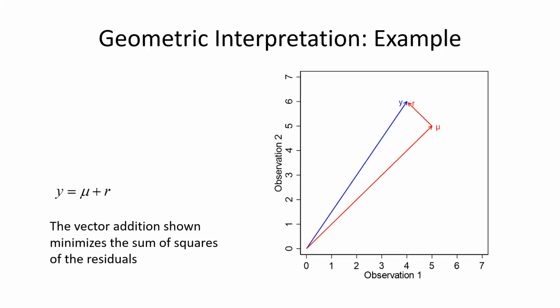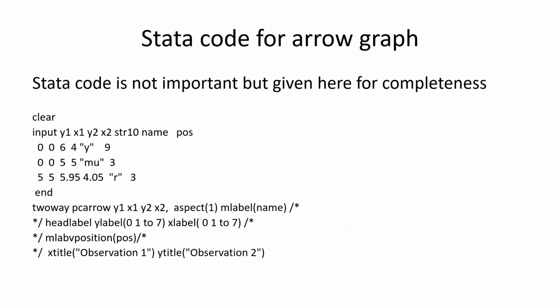The other thing is we can look at how many steps we march along this line to get to here. This is a 5. So it's 5 steps. 5 times the vector 1, 1 is going to land us exactly here, which means beta is 5. Let's look at that. That's the Stata code just for completeness.